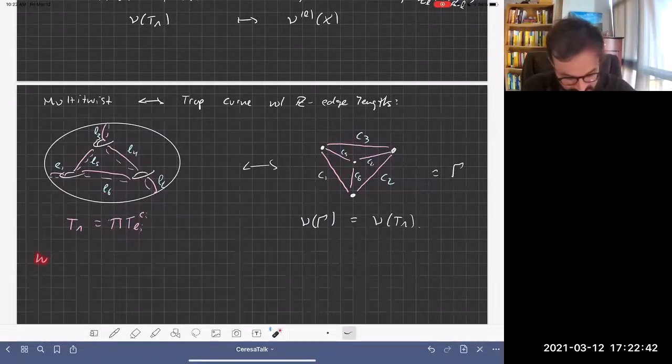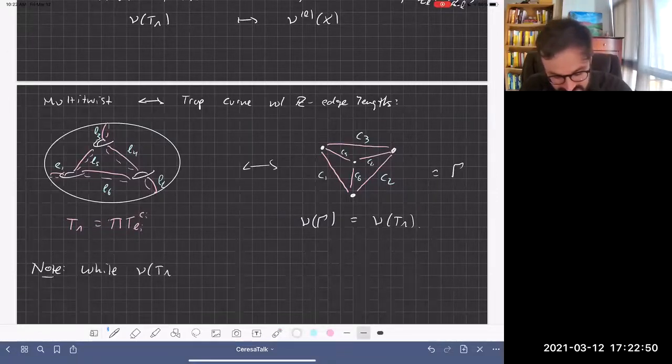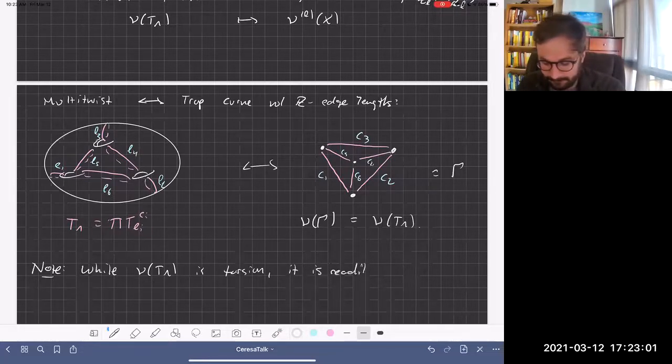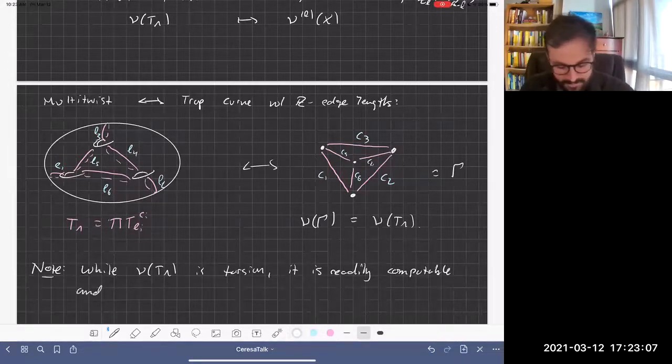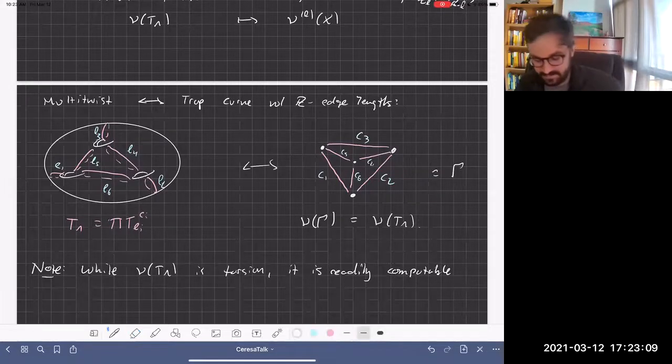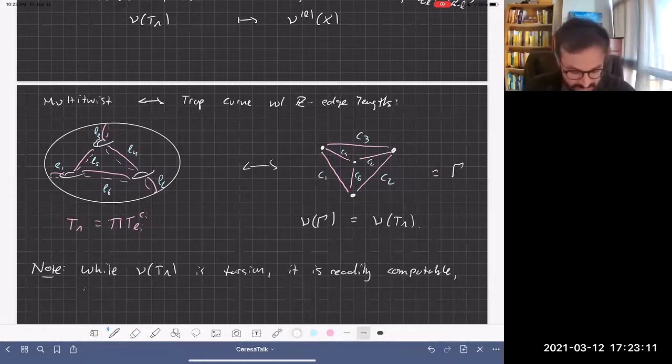So let me make this as a note. While nu of T lambda is torsion, it's readily computable. Frequently non-trivial.